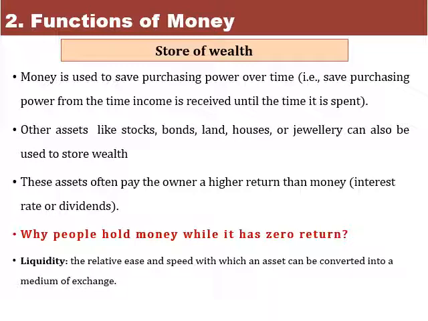So here, people will prefer to hold some liquid asset in terms of money to eliminate the transaction cost. For example, if you want to sell a house, then you must pay a commission or even you may need to reduce the price of this house if you need to sell it quickly. So people hold money to avoid the transaction cost of holding other assets.